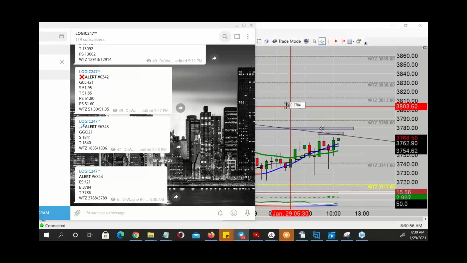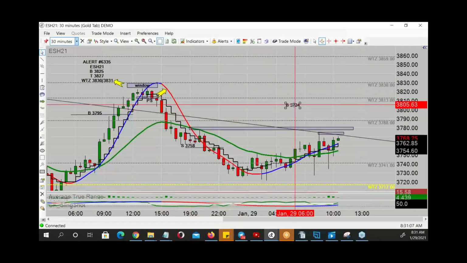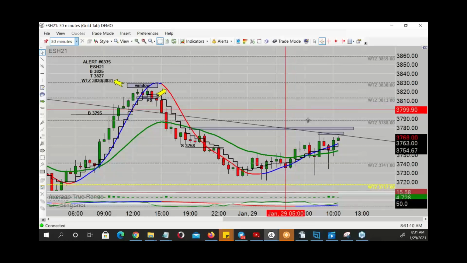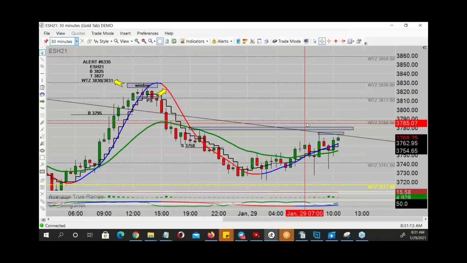If they can overcome those obstacles, then we want to be long at 3784. Initial target 3786, and then the final trade target 3788. So a 4-point trade. Okay.